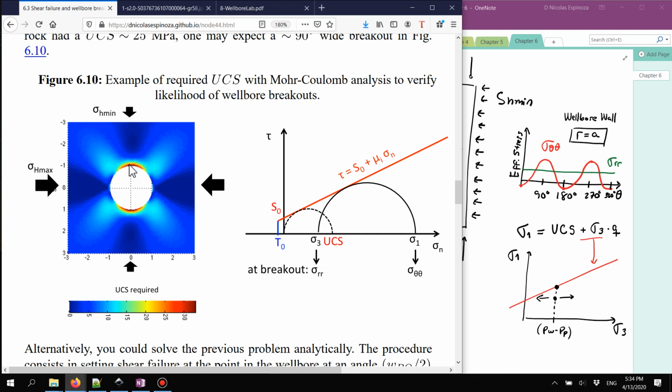As a result, all of this is going to be under shear failure, and that's going to make a breakout in this location with an angle that is higher than 0, because it's not just one point failing at this location here or there, it's this entire region.